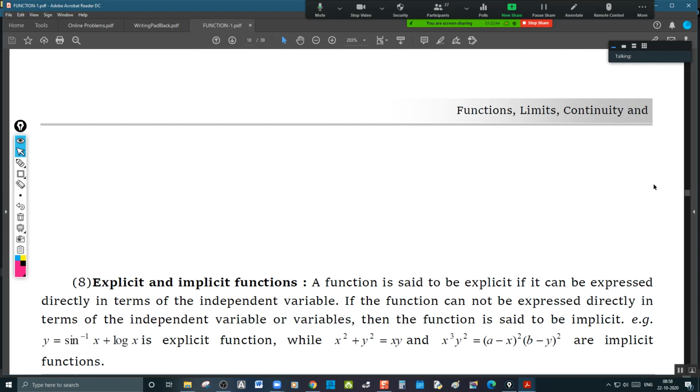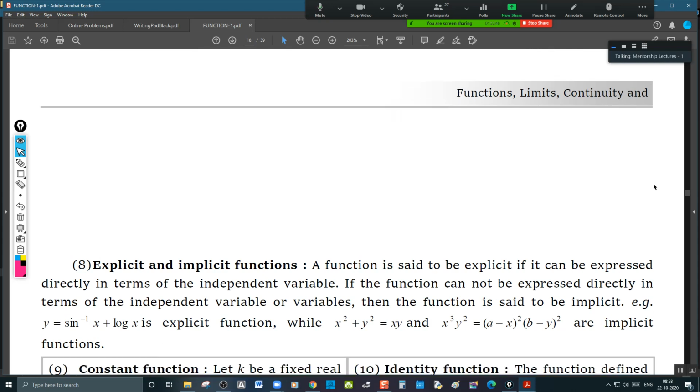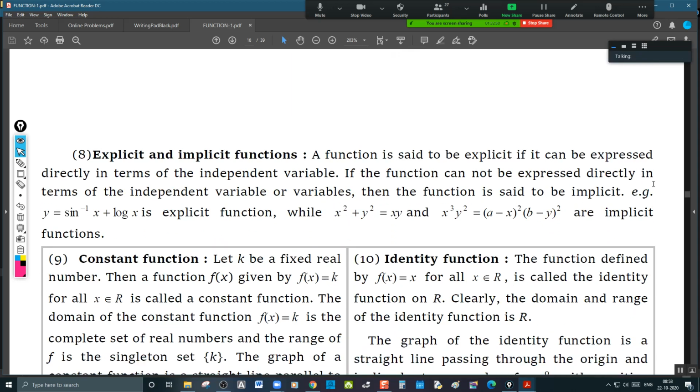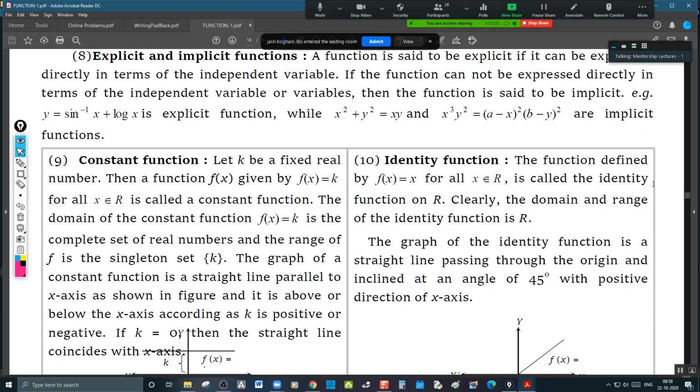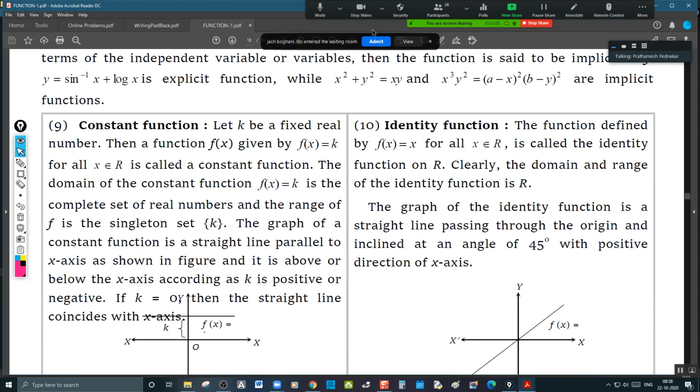Wow. You're on now, Prathamesh? Yes, sir. Good. Is your mic clear and straight now?